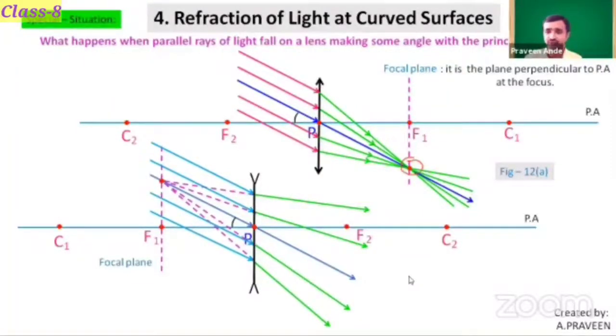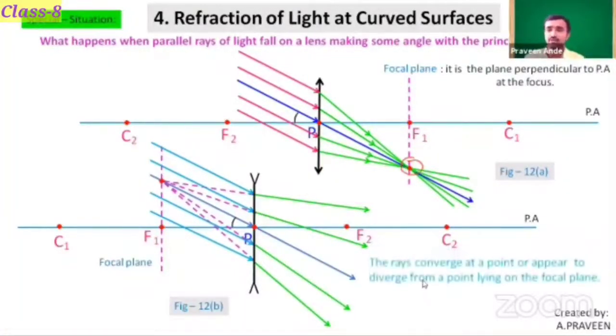Sir, there is some confusion. Do converging and diverging points always lie on the focal plane, sir? What if I take it from below the principal axis or with a different angle? Do you have any doubt like this? Let me show you that. First look at figures 12a and 12b in your textbook.